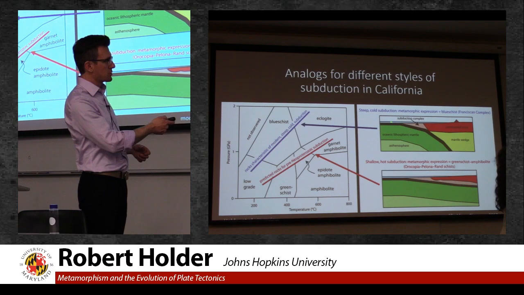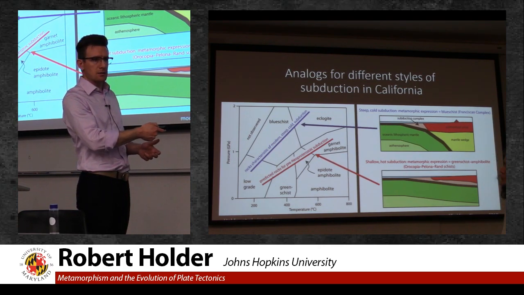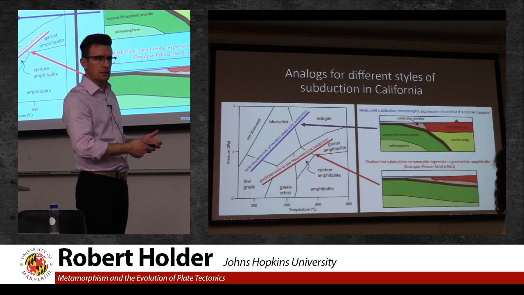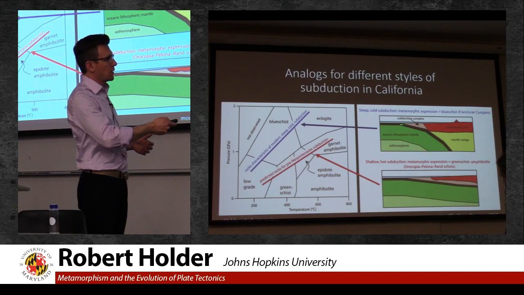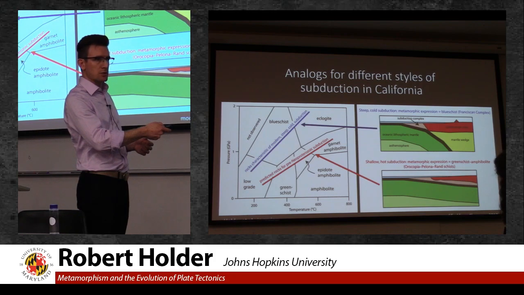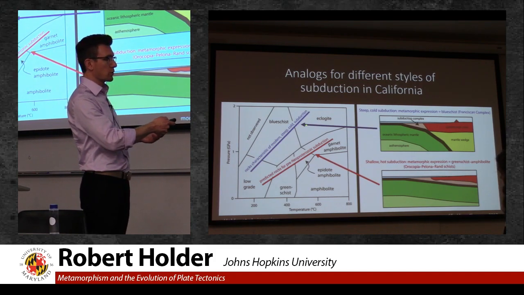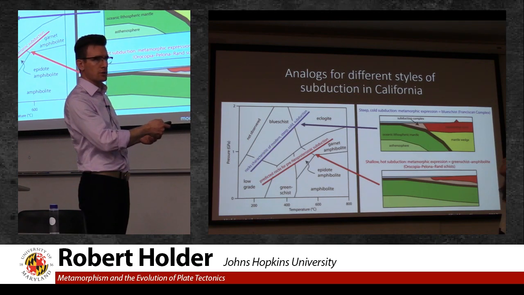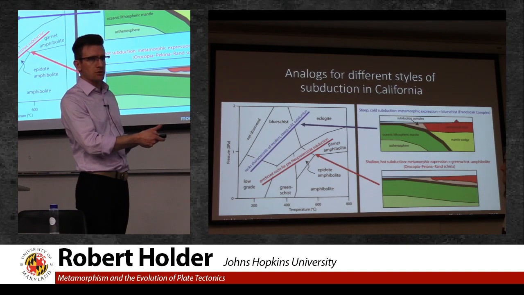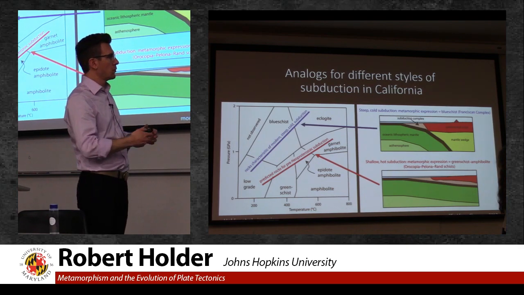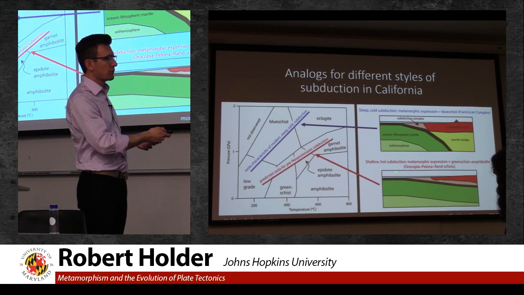So the temperature is going to be essentially the same at the surface as in the past as it is today, give or take atmospheric temperatures, oceanic temperatures. But a subduction zone that's steeper like this, more steeply dipping, is going to go to higher pressure more quickly. And that's what's required to have these low temperature conditions at high pressure, whereas something that's shallower would take longer to reach those depths.